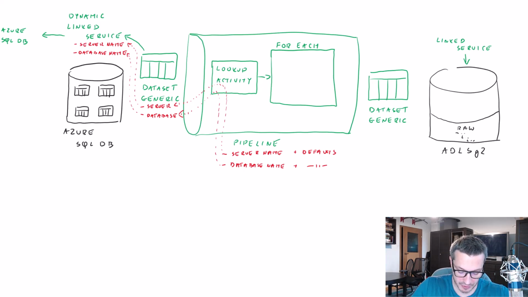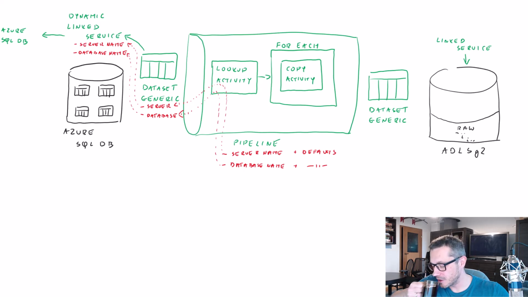And inside the for each loop, we would have again a copy activity that will be used to copy data from a given table to some file in a data lake. So let's implement this part of the solution.